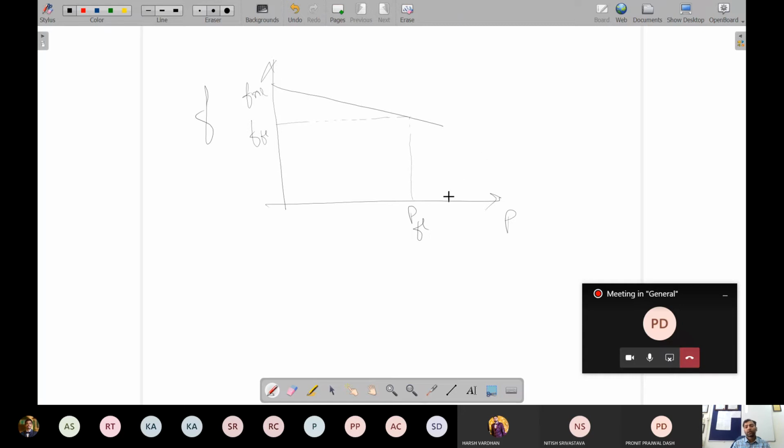Now, let's say the power demand suddenly increases and it goes to some particular value P1 here. As per this graph, if we don't do anything, this will tend to decrease. With P1 power demanded, the frequency will tend to come down to this value. But we don't want this to happen.